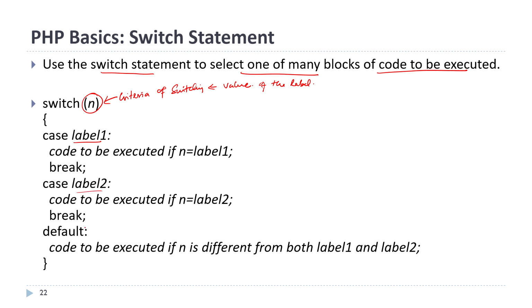If the value of n is equal to label 1, it will execute this particular block of code. If the value of n is equal to label 2, execute that block. If none of the label cases are true, then execute the default code. There is a default clause. So, that is the switch statement.